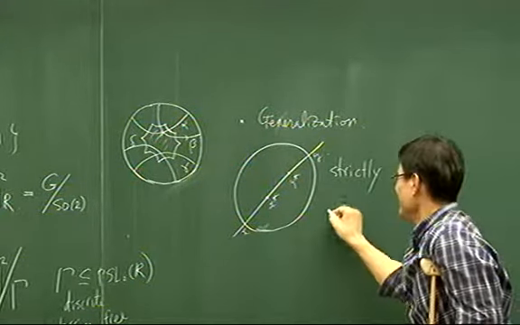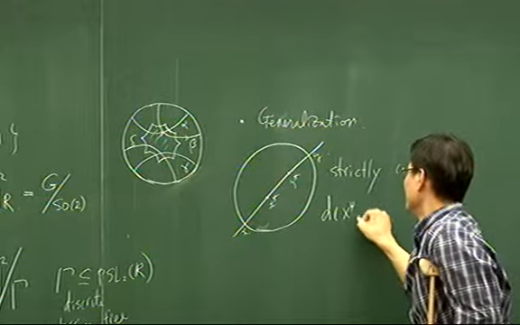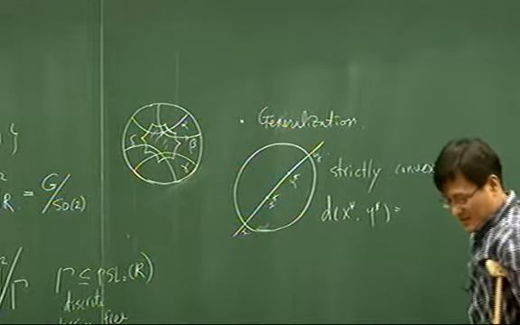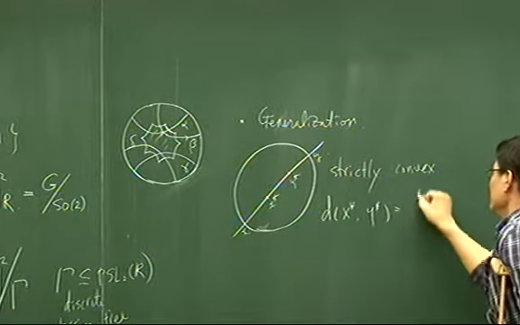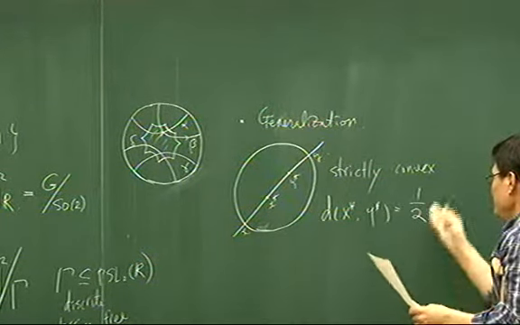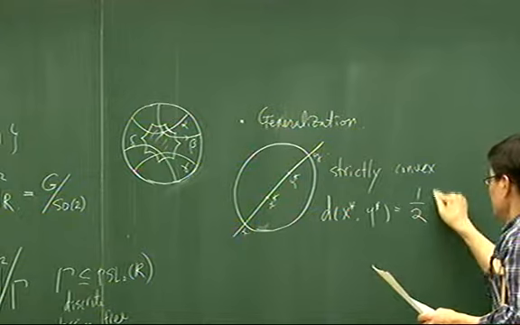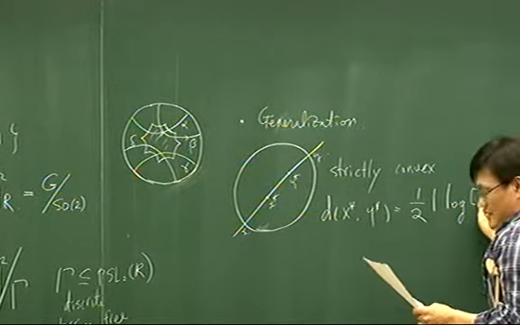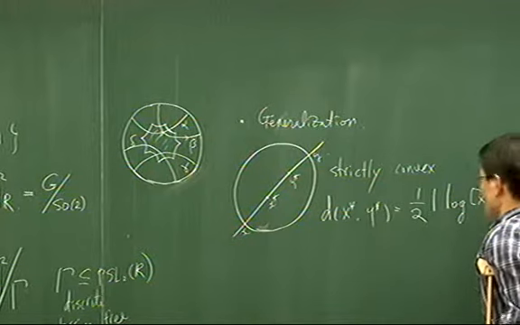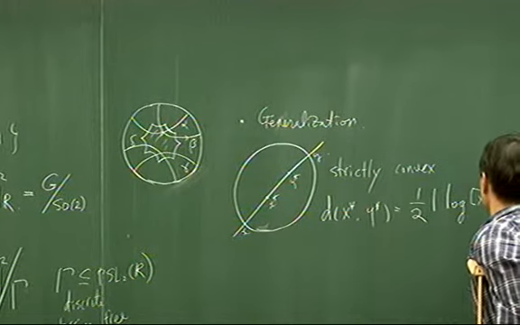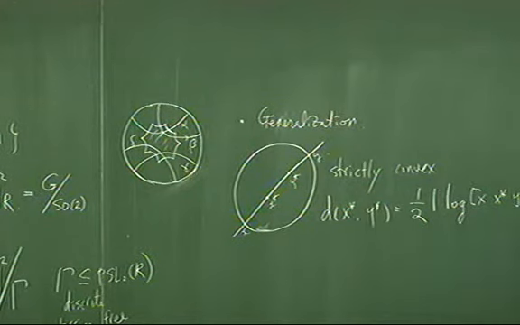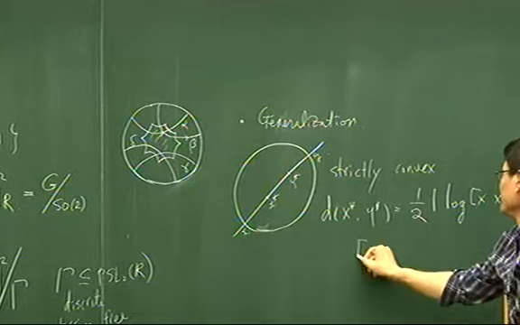Then the distance between these 2 points is defined as, many people put this 1/2 in front, log of the cross ratio (x star, y star, x, y). Okay? Take an absolute value to make it positive. So here, what is this?